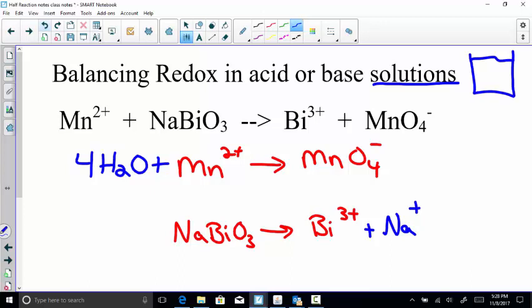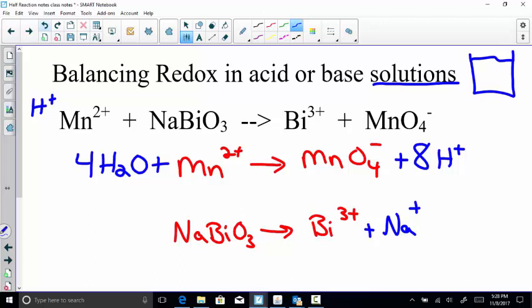Except now what you'll notice is there's no hydrogen over here, and I just added 8 hydrogens. And this is where the adding of H+ comes into play. So now I'm going to add hydrogen ions to this side, but I have to add 8 of them. Now I'm done with that equation.